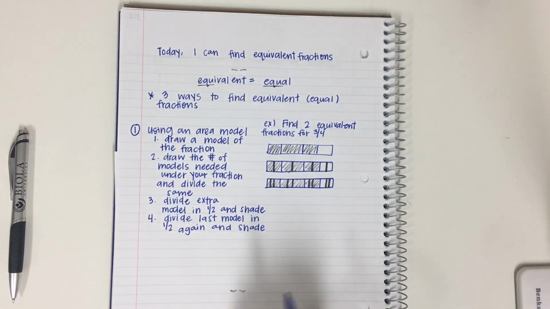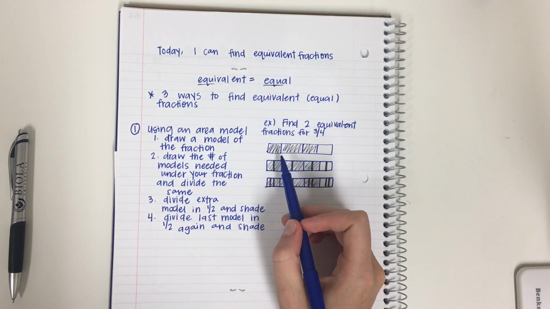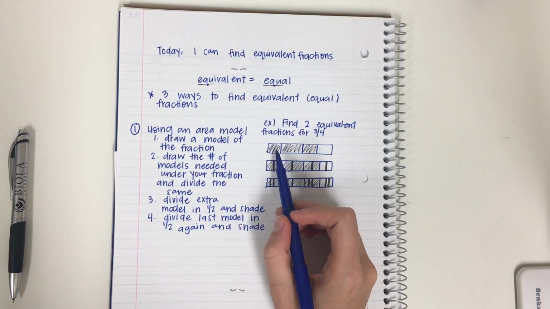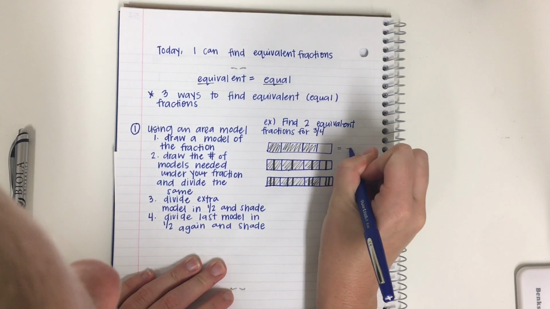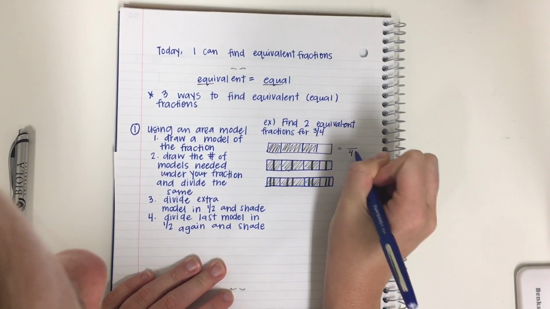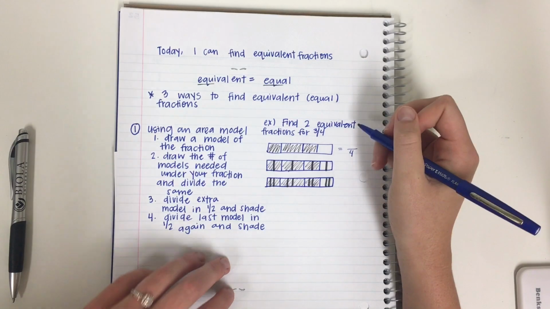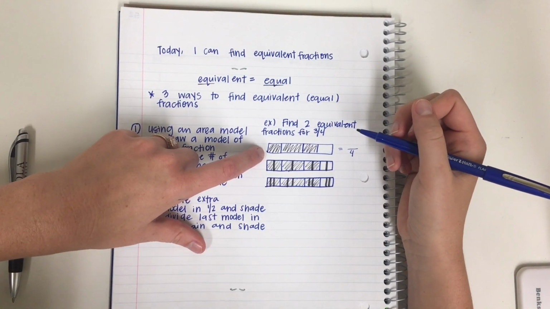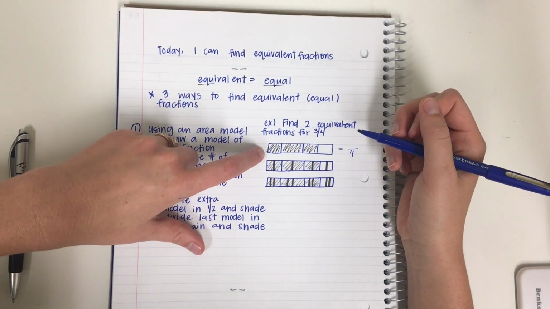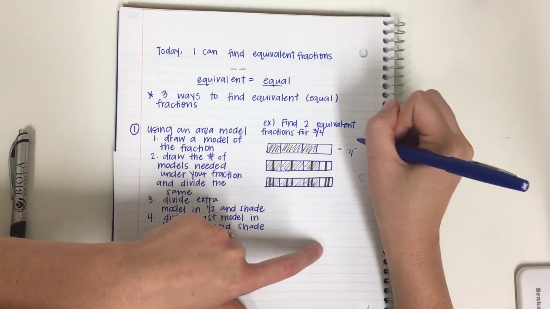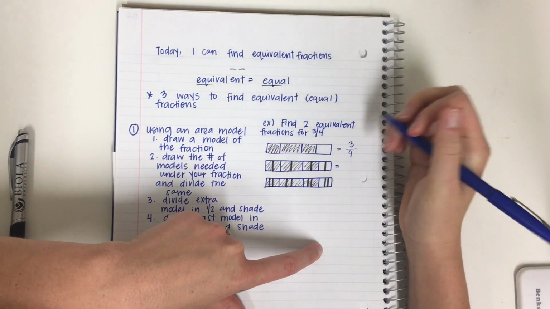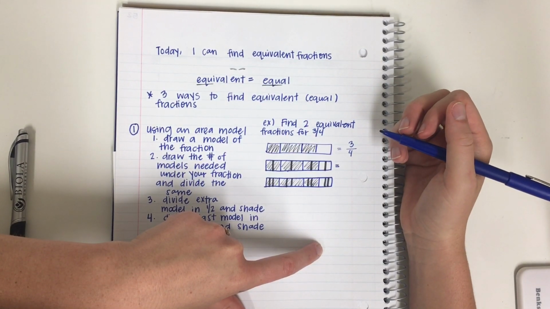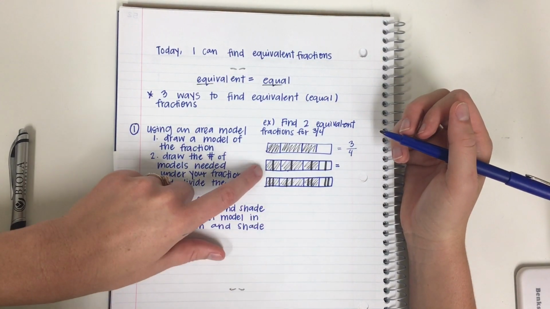Okay, now let's look at our fraction. So this first one, how many parts is my whole divided into? 1, 2, 3, 4. That's my denominator, down denominator. How many do I take? 1, 2, 3. That's my numerator. Okay, now let's look here. How many parts is my whole broken up into for my extra model?